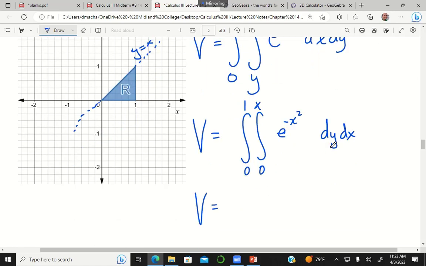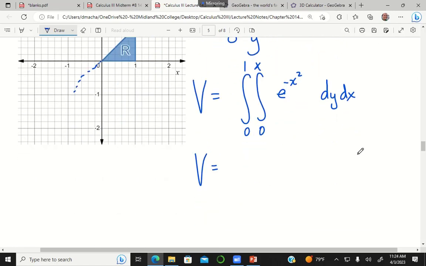So when we switch the order of integration, now I'm trying to take the antiderivative of e to the negative x squared with respect to y. But with respect to y means that x is a constant. So e to the negative x squared is a constant, and this antiderivative is just going to be y times e to the negative x squared, evaluated at 0 and x.